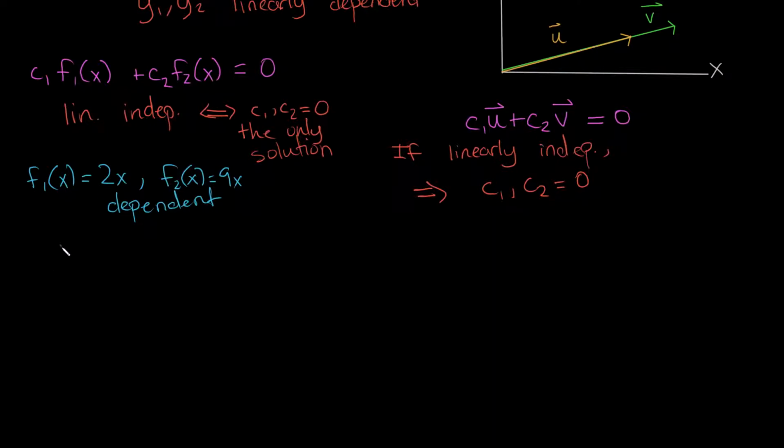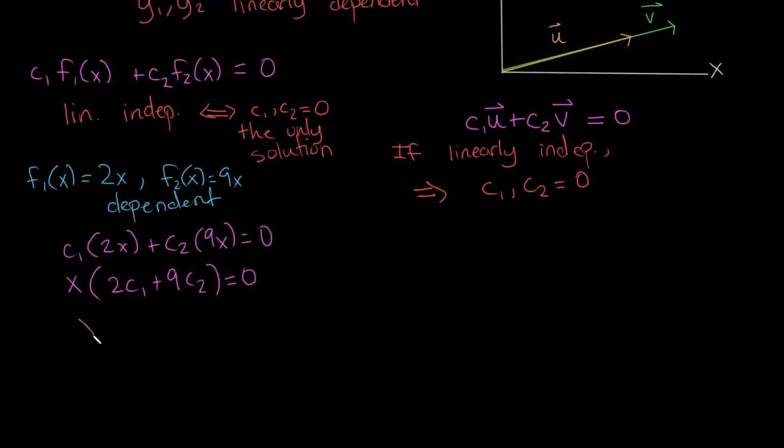So if we say c1 times f1 of x, which is 2x, plus c2 times 9x equals 0, there's clearly a solution here, because if we factor out x's, we have x times 2c1 plus 9c2, which also, because these are arbitrary constants, we can just absorb those factors in.